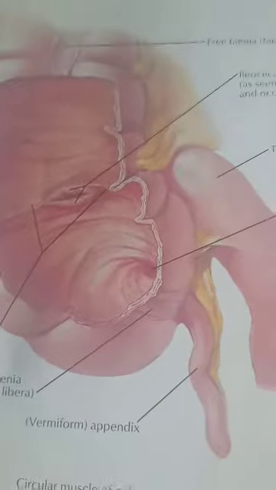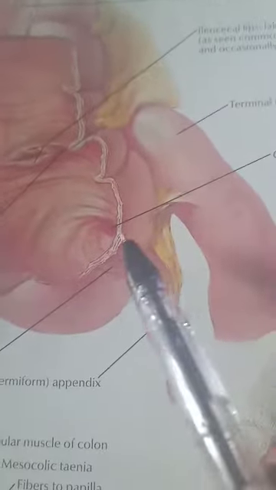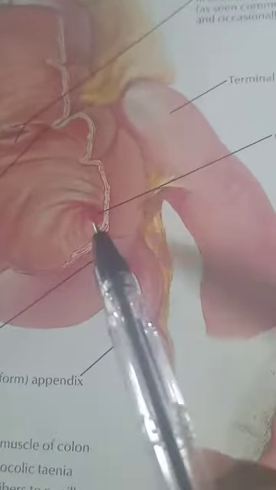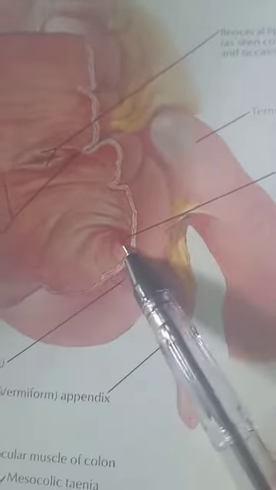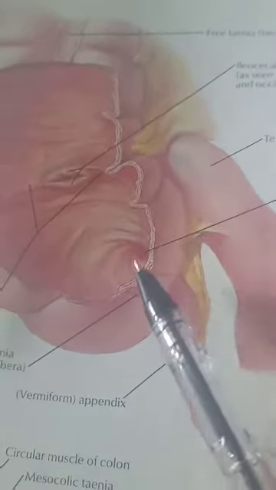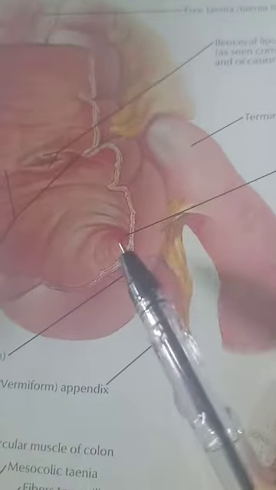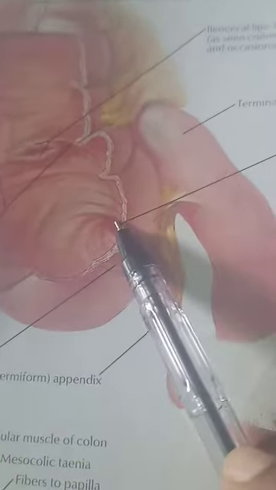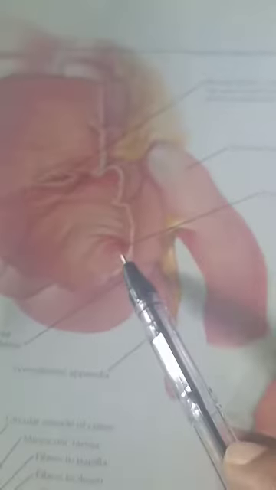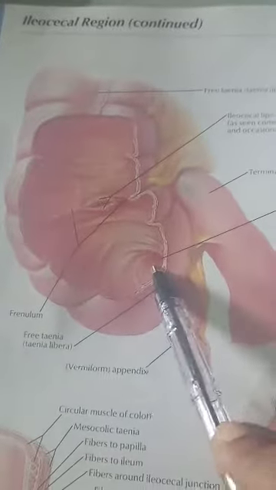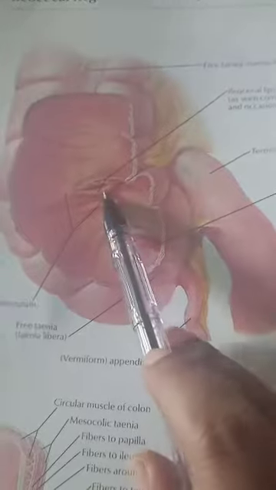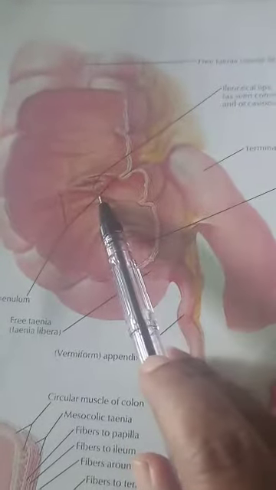The lumen of the appendix is very narrow and it will be obliterated or closed in mid-adult life. Then here you can see the opening of the appendix can be seen 2 centimeter below the ileocecal opening.